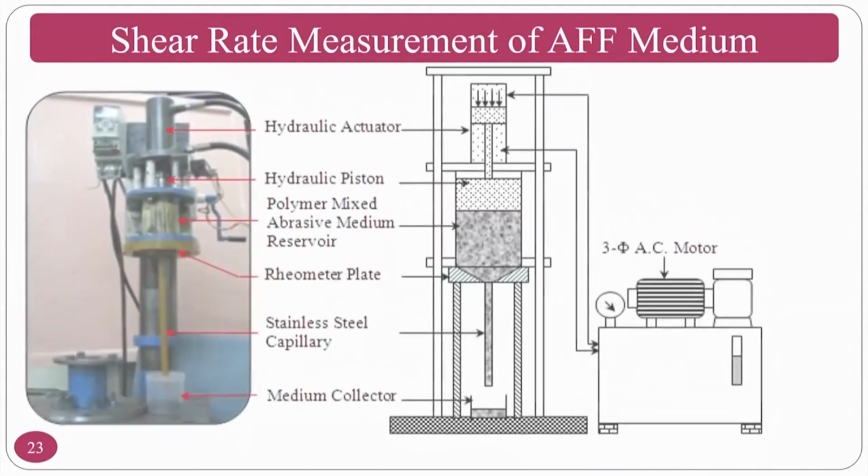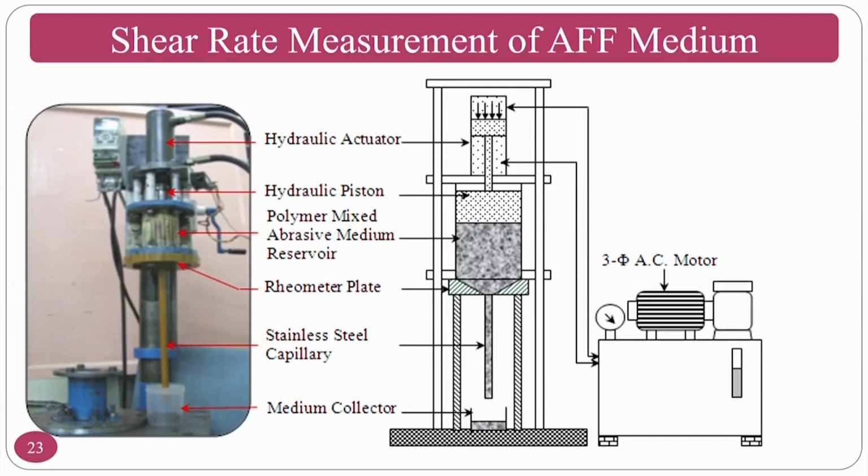So, shear rate measurements. The first and foremost thing that you want to measure is the flowing ability of a medium. If I want to understand the apparent viscosity or the shear viscosity or the shear stress of a medium, I should know what is the shear rate at which I want to measure.